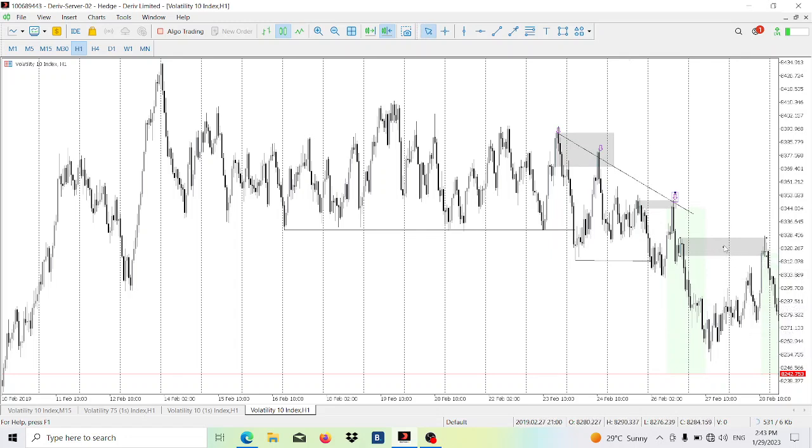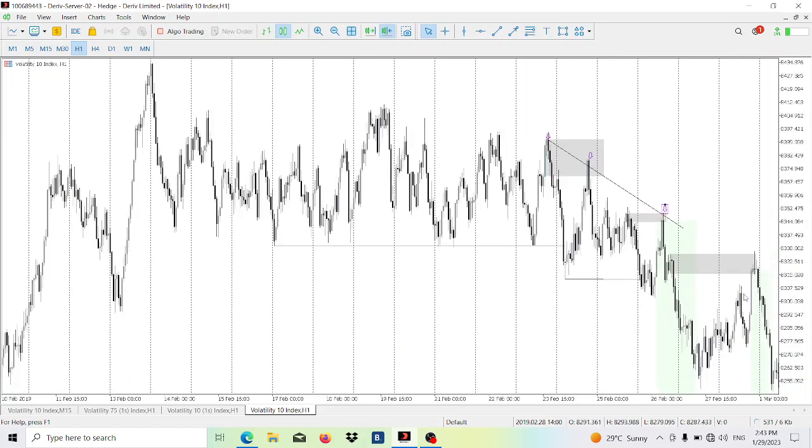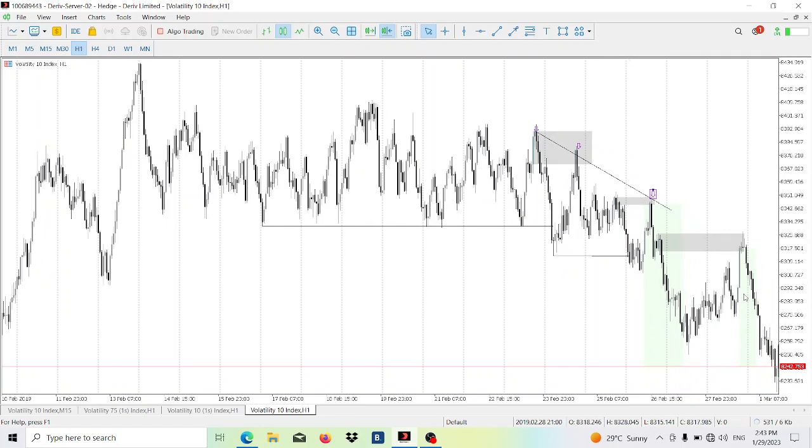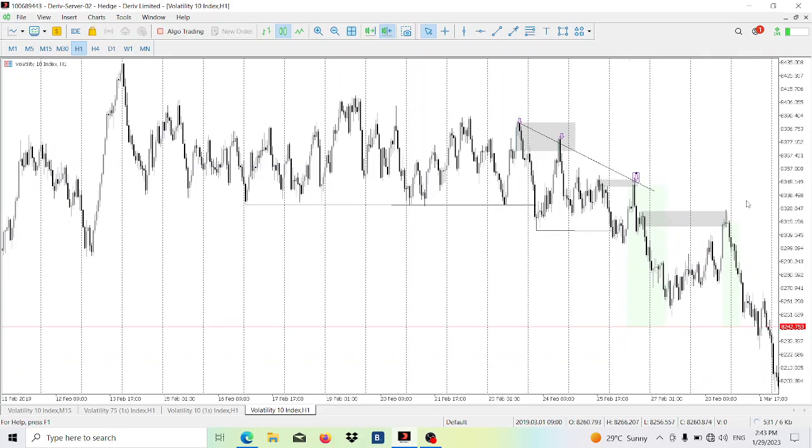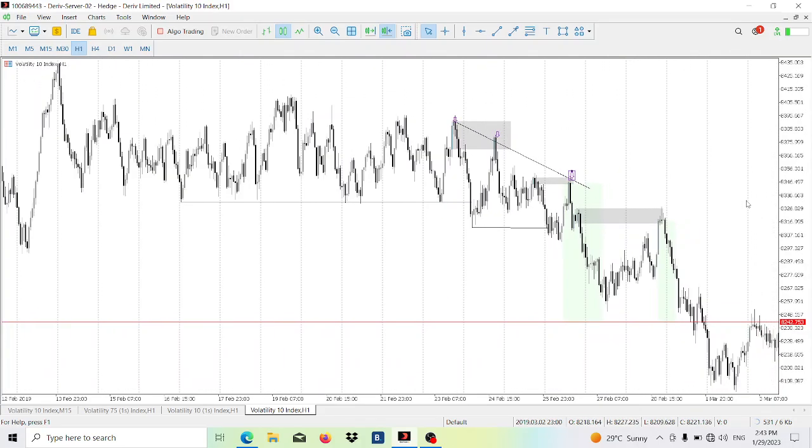Perfect. Then boom, we hit our target. We had the first sell from here. We had a second confirmation sell from here. The market does this thing.